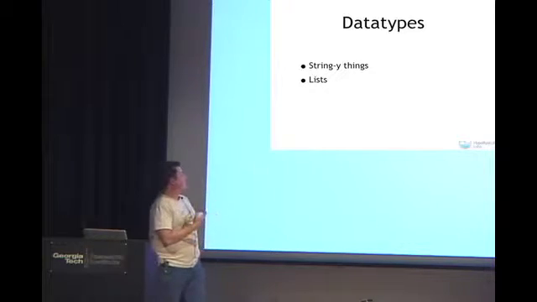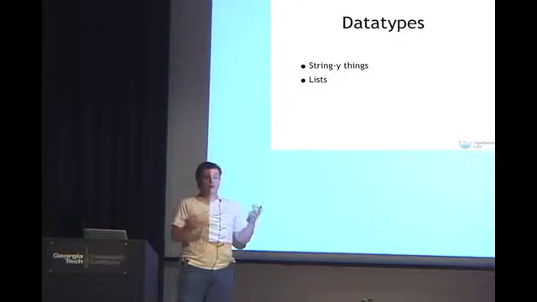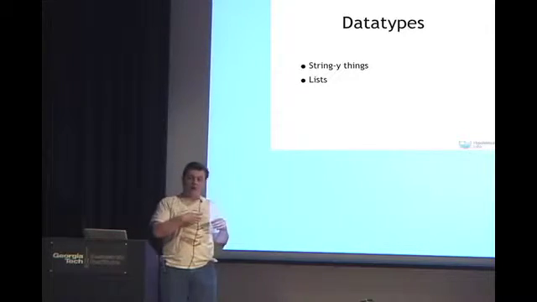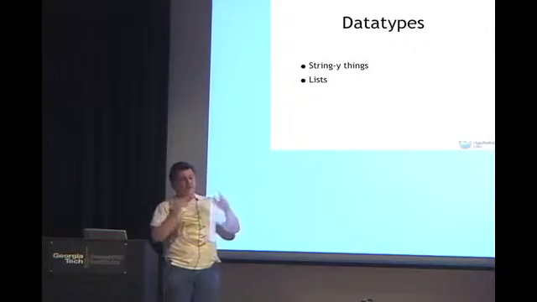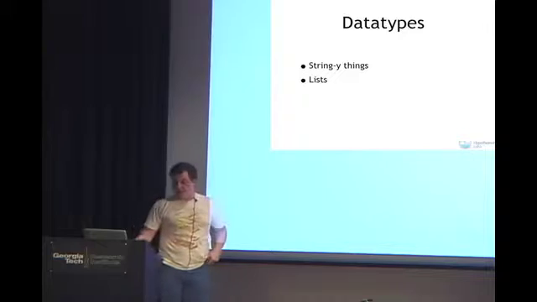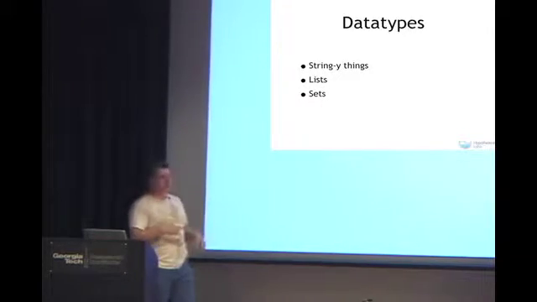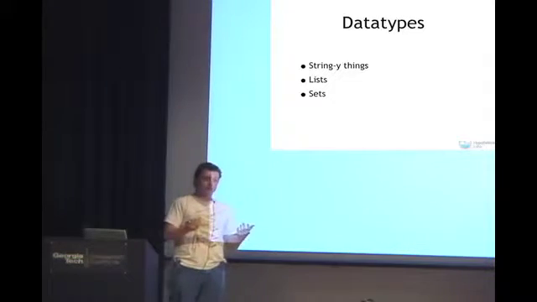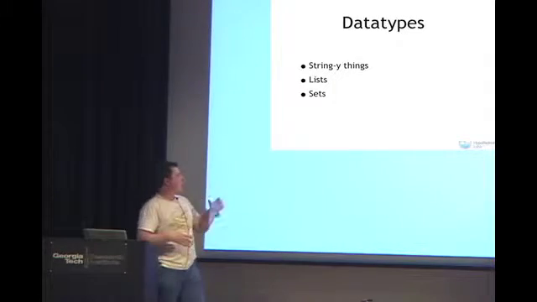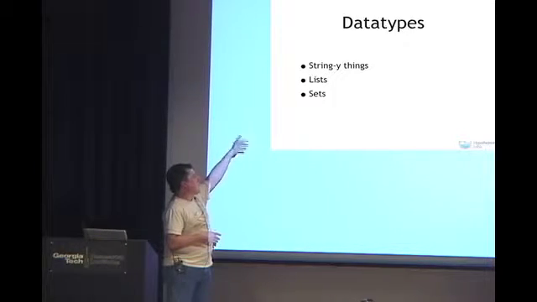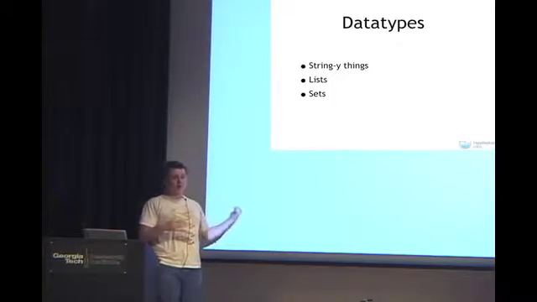It has lists, so you can do all the stuff you'd expect to do with a list. Push stuff on the front, pop it off, slice the list up, get the length of the list, all that kind of thing. It has sets, so you can compute the intersection of sets, the difference of a set, the union of sets. With lists and sets, you can do these aggregate functions and then store them off in yet another key.